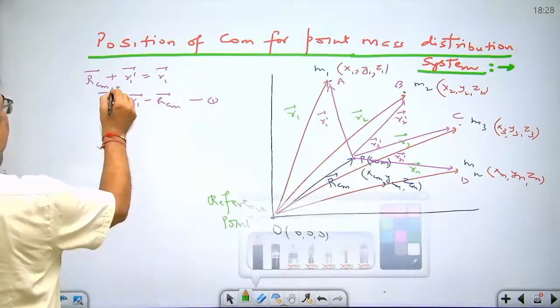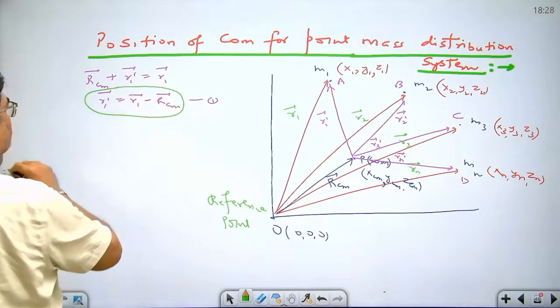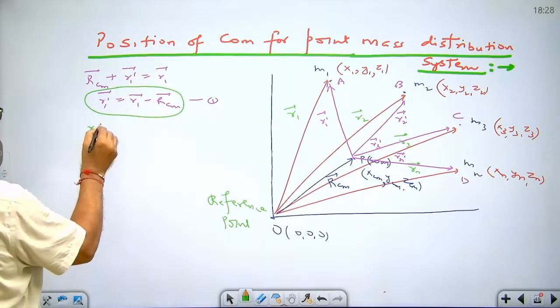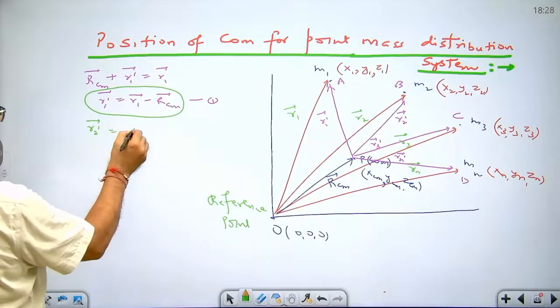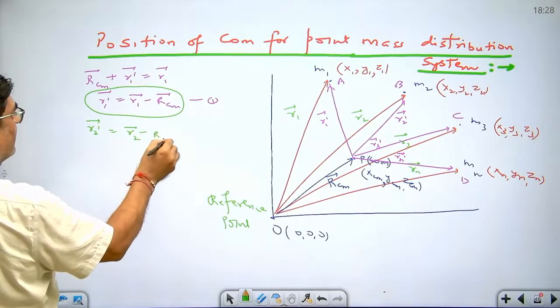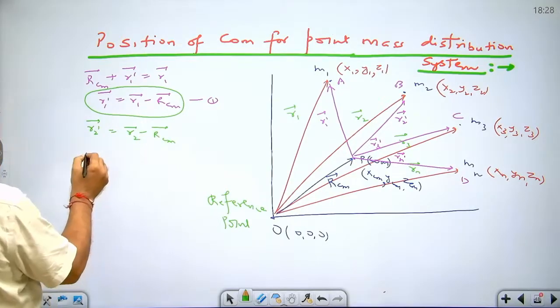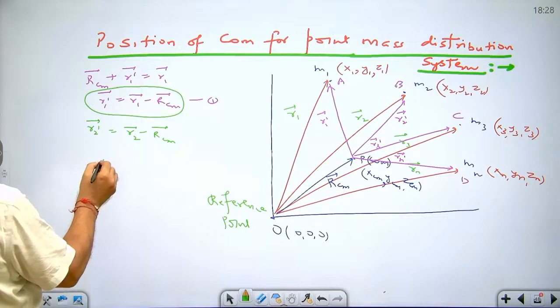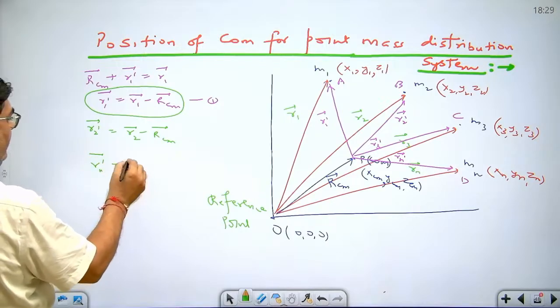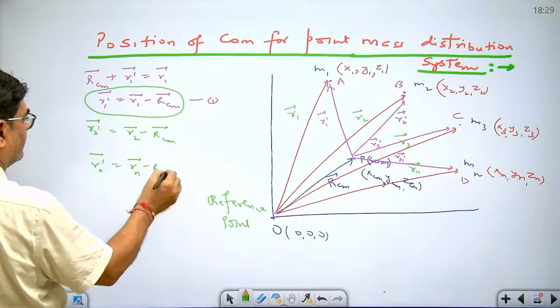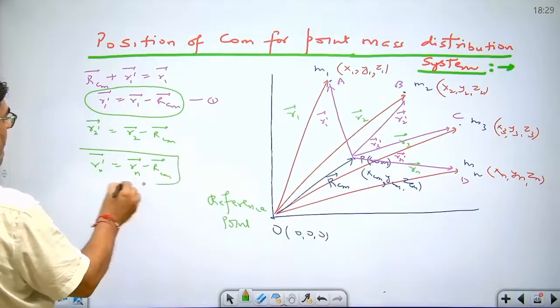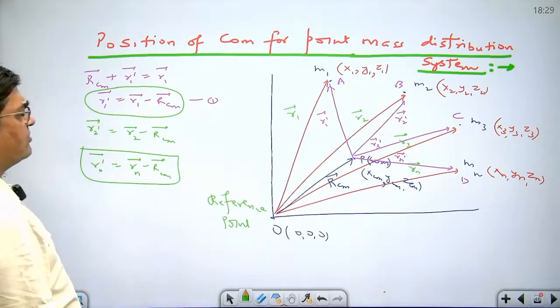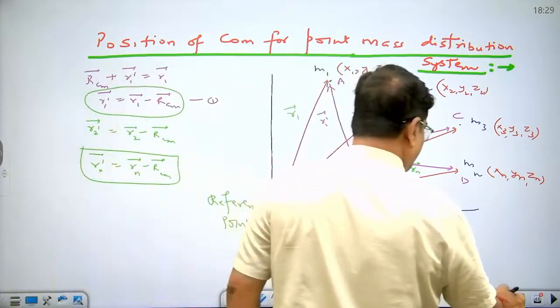In a very similar way, we can find other equations also, like R2 dash vector will be equal to R2 vector minus RCM vector, and Rn dash vector will be equal to Rn vector minus RCM vector. So dear student, we will be writing the equation for center of mass.